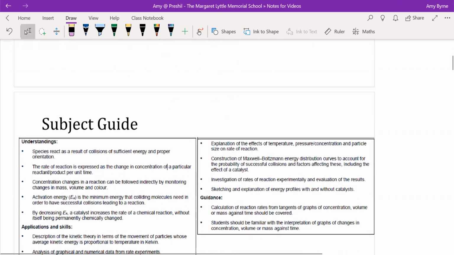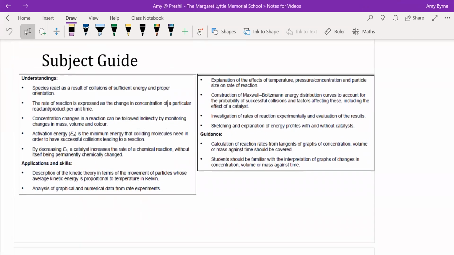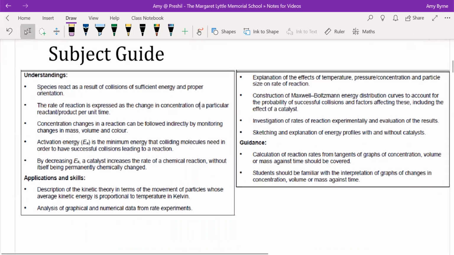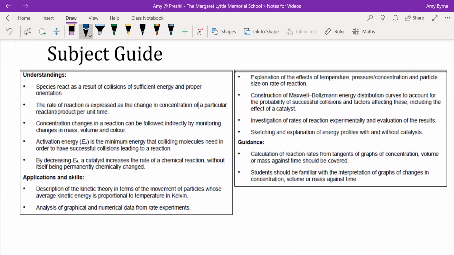As always, by looking at the subject guide. We start with a discussion of collision theory, then we go into how we express rate of reaction, how we measure rate of reaction, and talking about activation energy, specifically about catalysts.